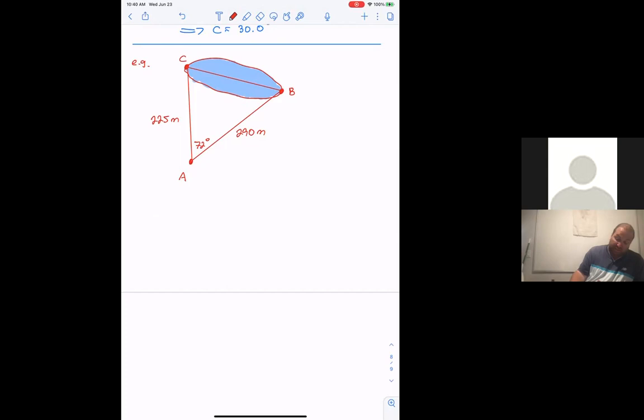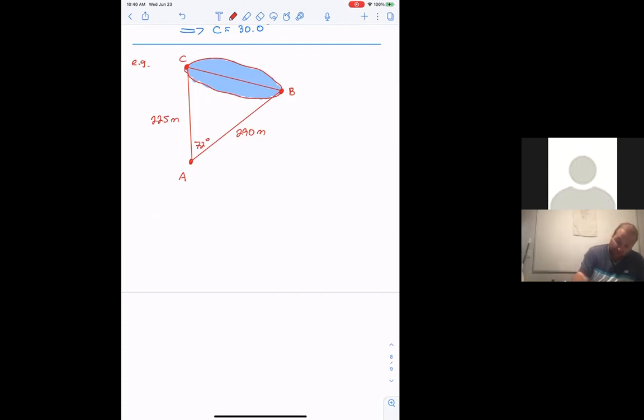So the law of sines is not appropriate because I have no angle side pair. Angle missing, side missing. I need an angle side pair. But for the law of cosines, I just need two sides and something else. Do I have two sides and something else? I sure do.